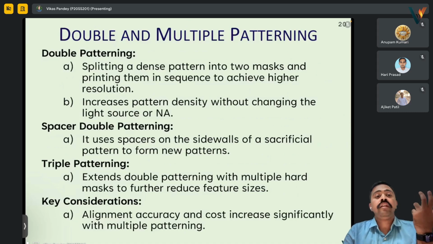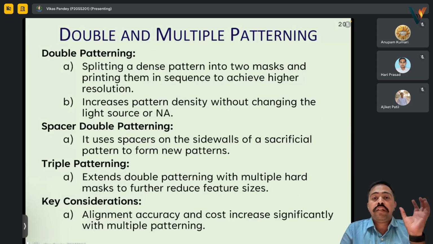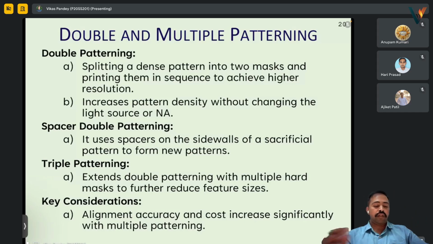Then there is something called as double and multiple patterning. So instead of having masks such that they are very dense and they are suffering from interference and diffraction, if it is too dense to be taken care of by simple methods, we can separate this into two different masks.